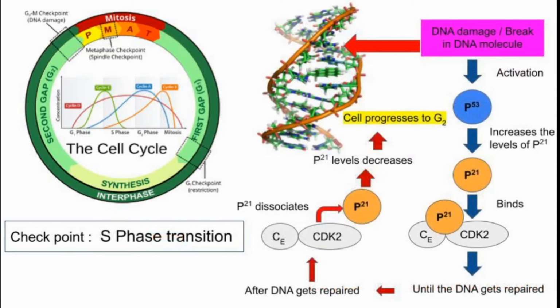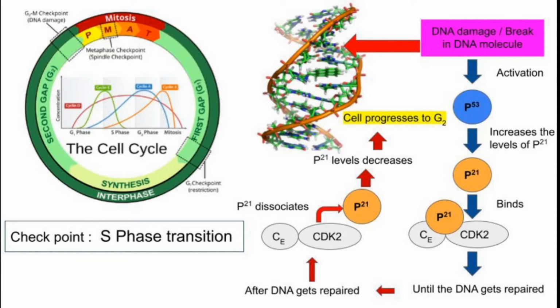Now, if there is any DNA damage or any break in the DNA molecule, it causes the activation of the p53 molecule. This p53 molecule in turn increases the level of p21. P21 protein binds with the cyclin E CDK2 complex until the DNA gets repaired.